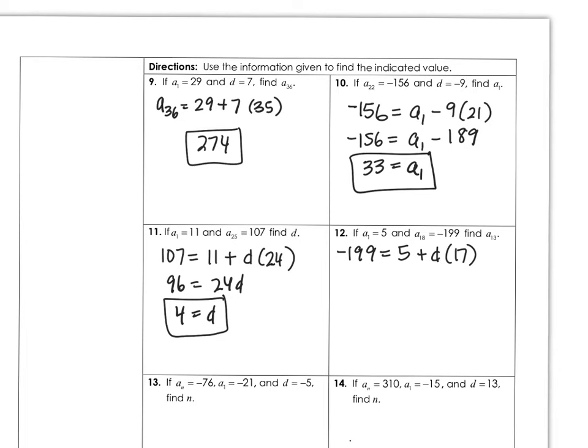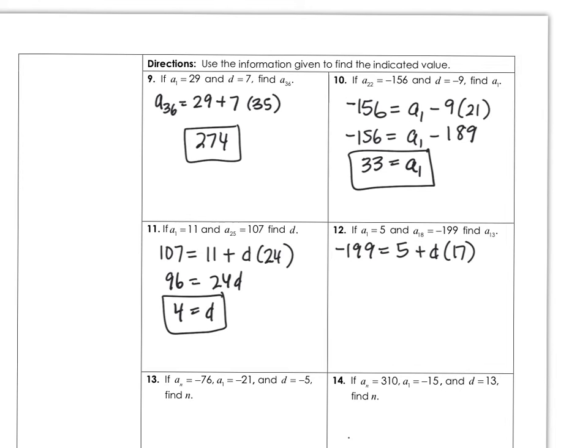So first thing I'm going to do is find the D, so then I can use that to find the 13th term. So if I subtract 5, that gives me negative 204, and that's equal to 17D. So divide by 17, that gives us negative 12. All right, so D is negative 12.